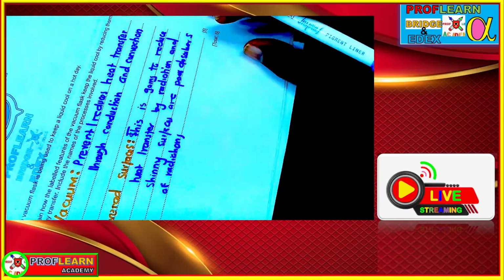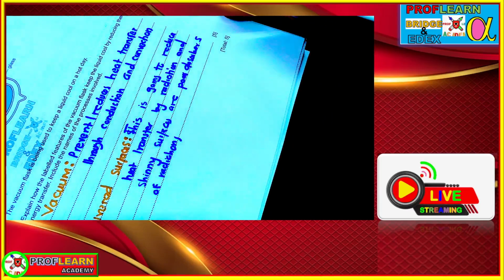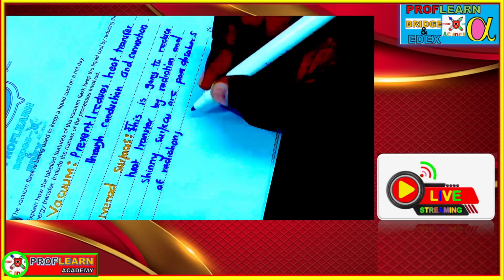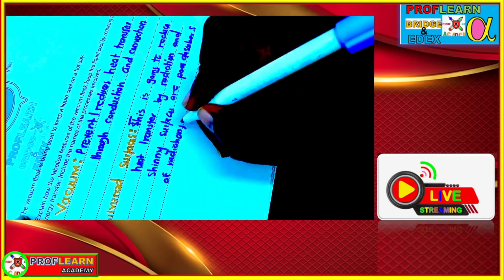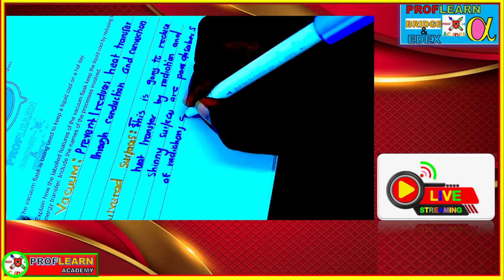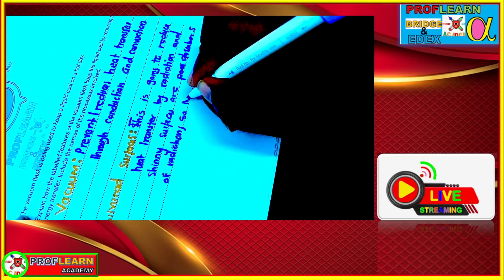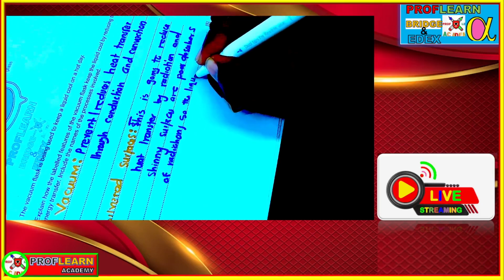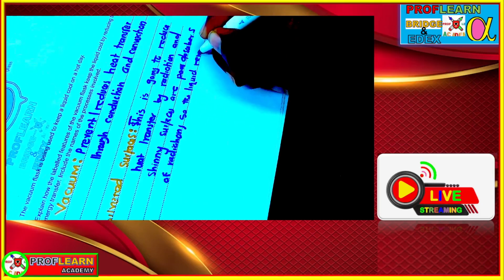Now, if shiny surfaces are poor absorbers of radiation, it means the liquid is going to remain cold. The cool temperature of the liquid will remain, because it will not be absorbing any thermal energy from the surroundings. So the liquid remains cool.